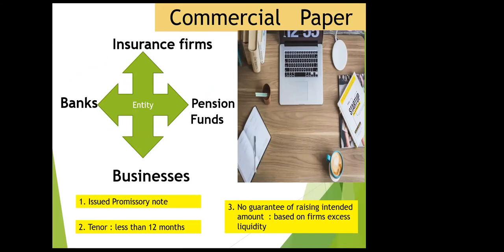You'll be surprised. Most of the times we're the ones that get money from the banks. So banks are also interested in this kind of arrangement where they buy promissory notes from organizations. So you can issue a promissory note and give it to the bank who buy it, and then you access the funds from the bank.